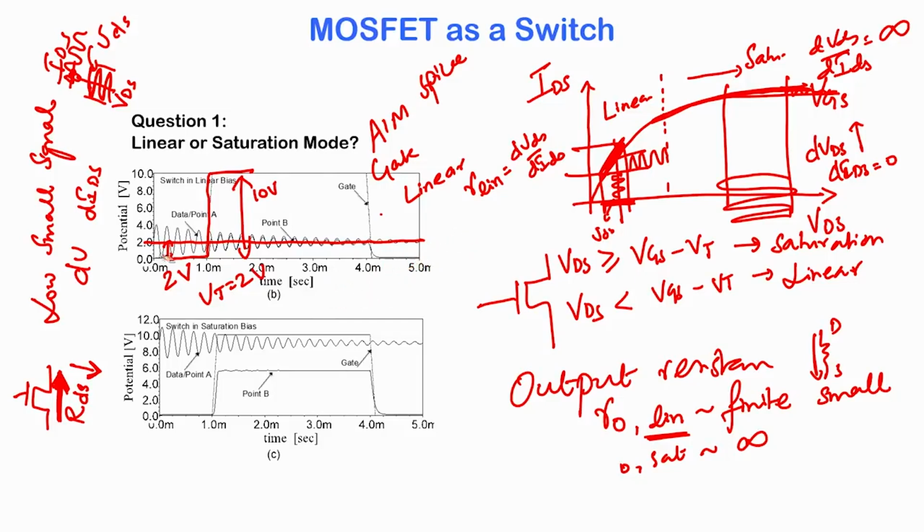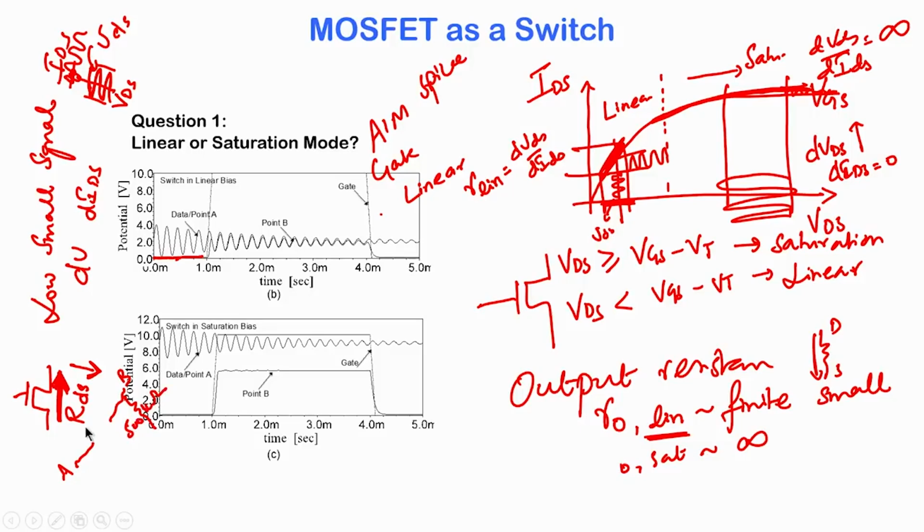So, when it is in linear mode operation, let us look at what happens at point B. Okay. So, point B is seeing a signal like this. When the MOSFET has got 0 gate to source voltage, the switch is open. So, point B sees nothing because you have A that is fluctuating and then the circuit is open, and B is connected to ground with the 500 kilo ohm resistor.